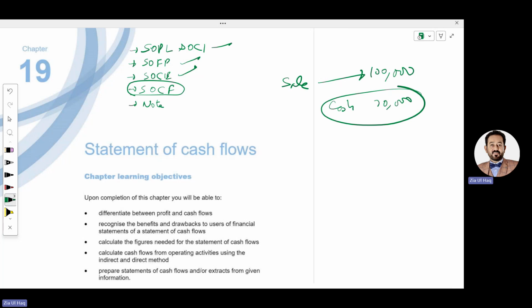If we want to know the company made a sale of this amount, we can find that from the statement of profit and loss account. What amount of cash the company has at the year end, we can find from the statement of cash flow.